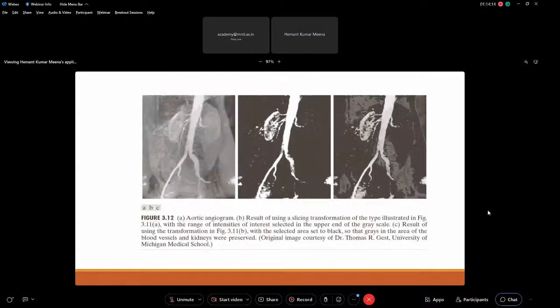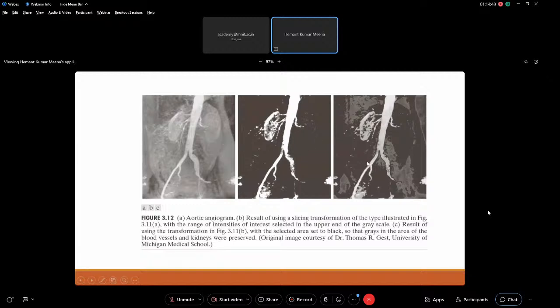Here take an angiogram. You can see this is a human picture with the kidney. In this image, which is not very clear, if I really want to see whether there is some problem, if we want to identify the problem in the patient, then when we have done this gray level intensity slicing, the image is far easier to differentiate than the original one.